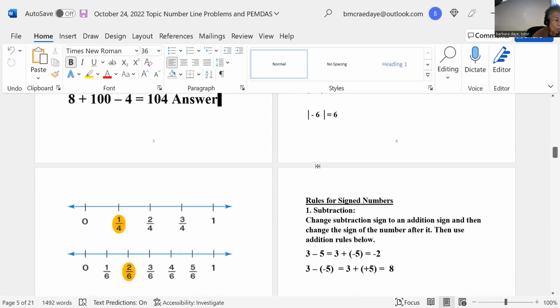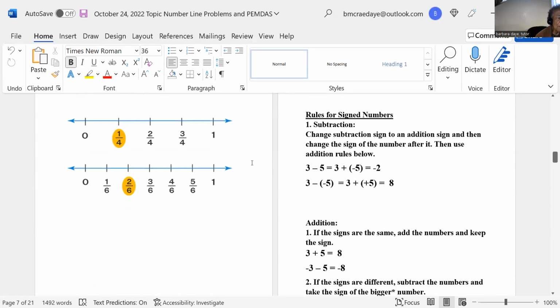Here's an example of what I just did. I drew a number line showing quarters: 1/4, 2/4, 3/4, 4/4. Now, if we want to divide it into six, we have 1/6, 2/6, 3/6, 4/6, 5/6, 6/6.